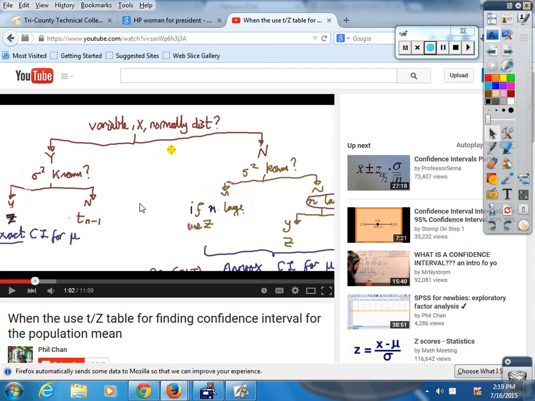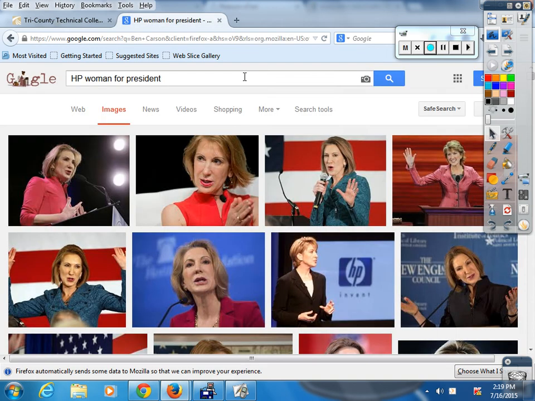And if you see one where they give you sigma is equal to 2.5, then just remember that you have to use the Z table when you have sigma given.